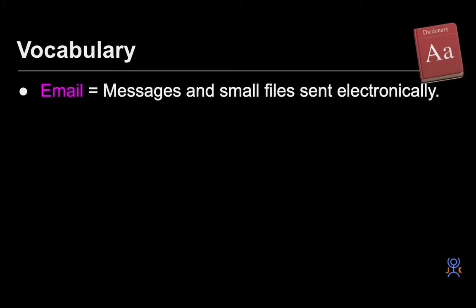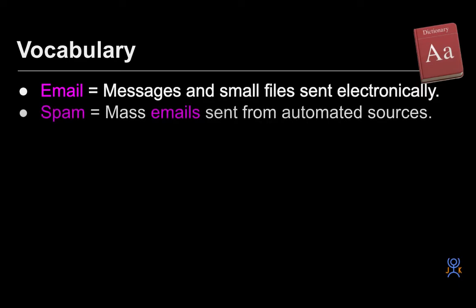We'll start off with, it seems really basic, but an email is a message, potentially with small files, sent electronically. Spam is mass emails sent from automated sources, so thousands, hundreds of thousands, millions of emails sent from computer programs.